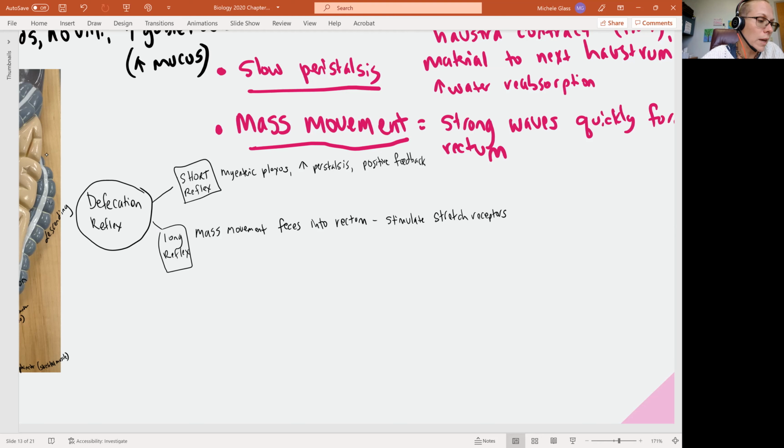And in the long reflex, that signal makes its way to the spinal cord. Now, once we have a signal at the spinal cord, we're going to get two pathways. So we're going to get a response coordinated by the parasympathetic division, parasympathetic neurons.